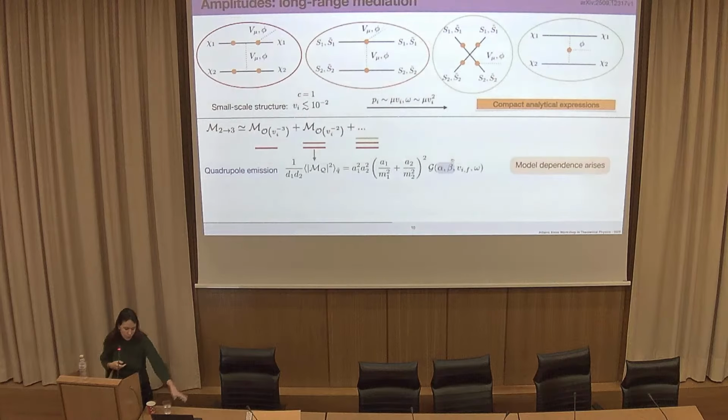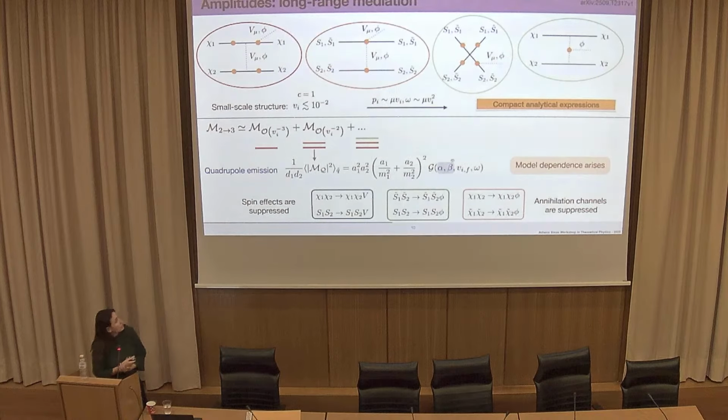You need to go to quadrupole order. In that case, there is a model dependency that arises, which you can see here by this alpha beta in the kinematic part of the emission amplitude. However, the non-relativistic regime is giving that these model-dependent parts are still happening pairwise, which means that for gauge emission, you are completely blind whether you use a fermionic dark matter or a scalar dark matter, because spin effects are suppressed in our regime.